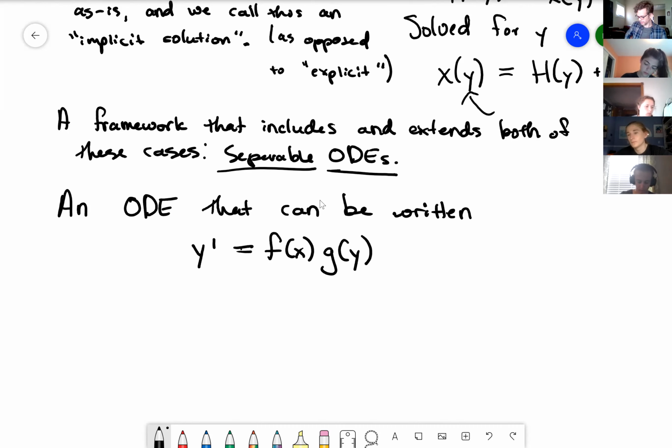Ordinarily what we have here is y prime is equal to something that's a function of x and y. And what we can do with the separable ODE is take that function of x and y and factor it into two factors. One factor that depends totally on x, and one factor that depends totally on y.